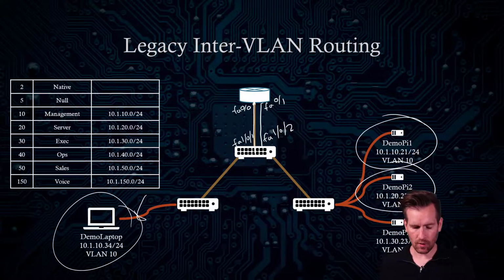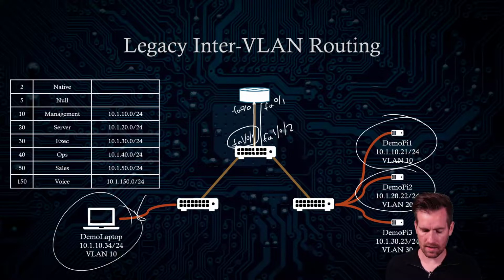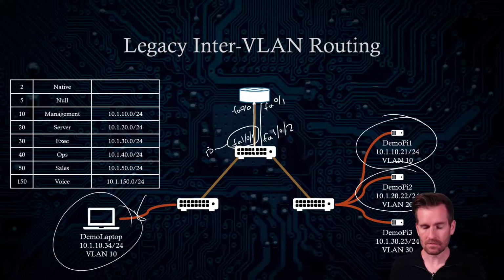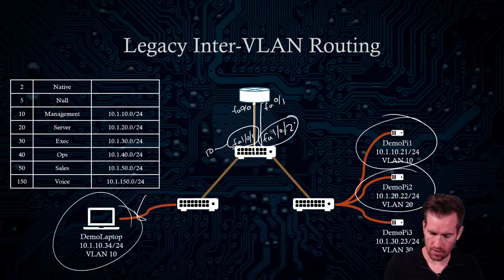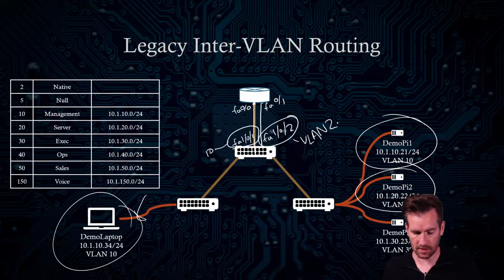Then we're going to assign an access port, FA1/0/1, to be in VLAN 10 and FA1/0/2 to be in VLAN 20, and they'll be access ports as well. So they will not be trunk lines.